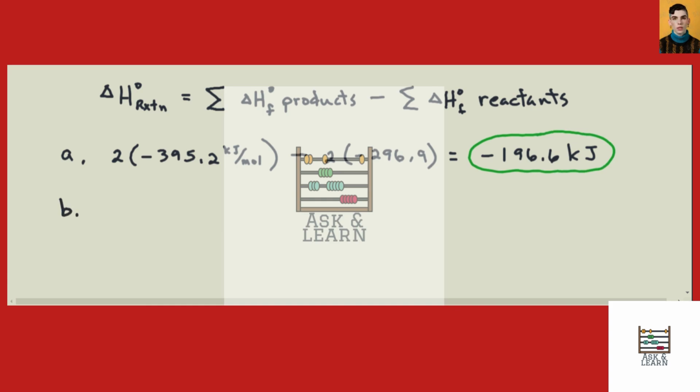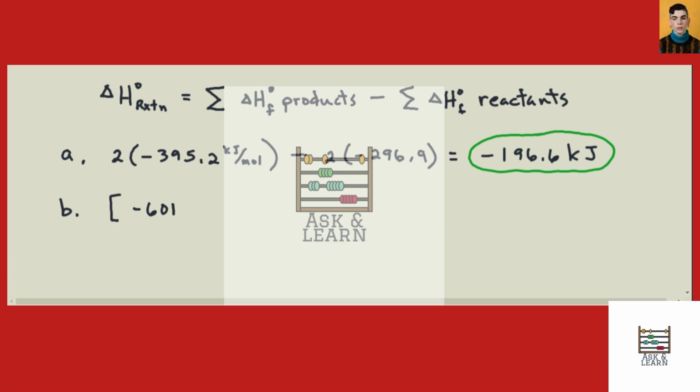Moving on to part B. We have 2 products there. We have MgO and we have liquid water. So we need to sum up our products here. There is only 1 mole of MgO and 1 H2O in the balanced equation. So we just need to look up their heats of formation.